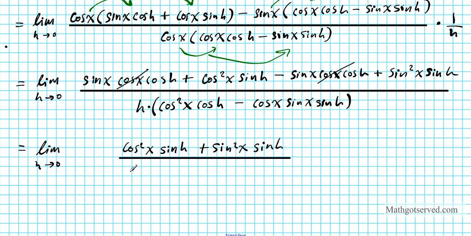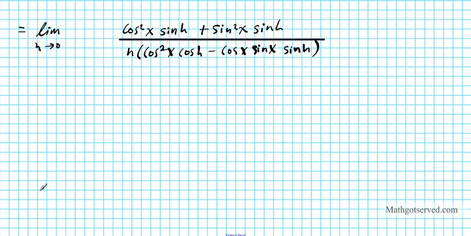Not yet. So times h times cosine squared x, cosine h minus cosine x, sine x, sine h. I'm doing a lot of intermediate steps so I don't get anybody confused. I know some of you are really smart and you can skip a lot of these steps in your head. So that's fine, but I've got to write everything down so you understand what's going on.